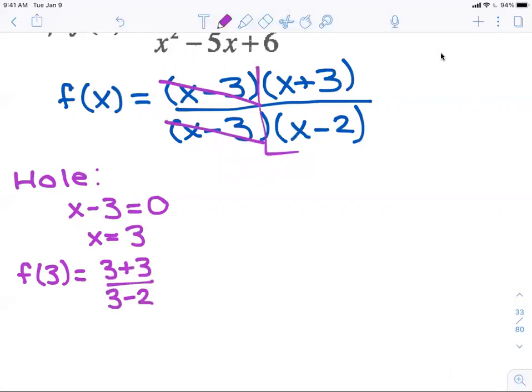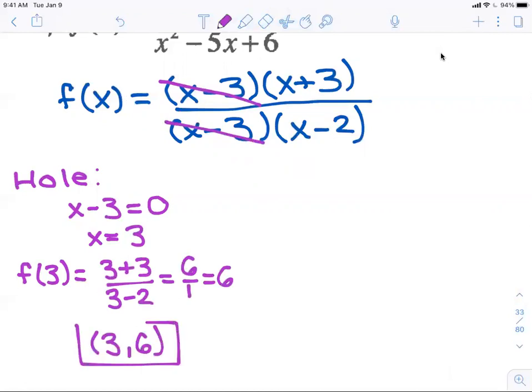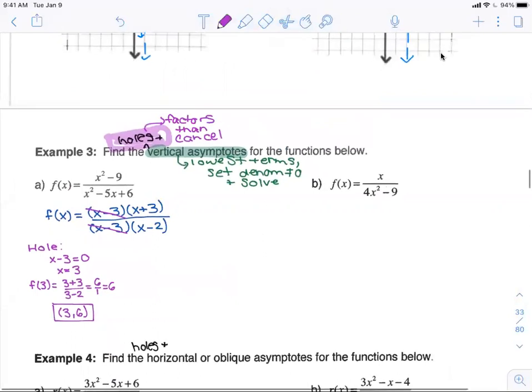And when I solve for that, I get 6 over 1, which is 6. So that means my point for the hole is 3 comma 6. So when we get to graphing it, which we will in the next section, you would have a hole there. You'd literally draw a circle.